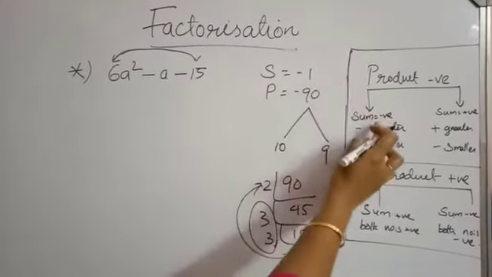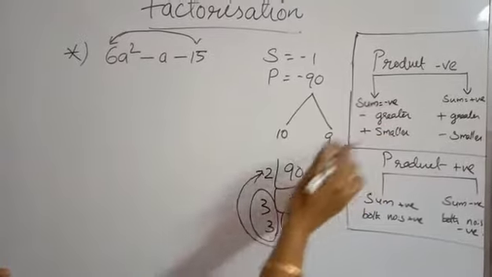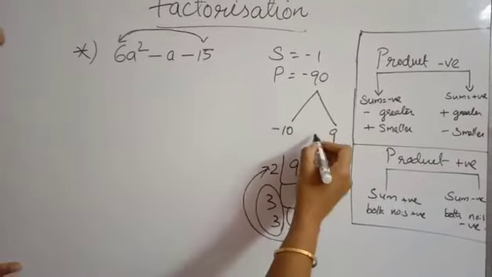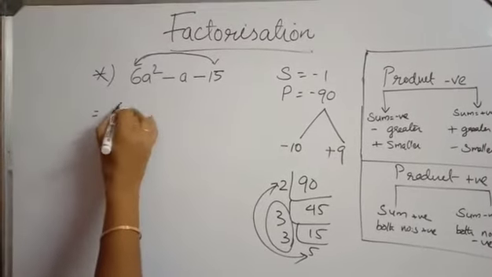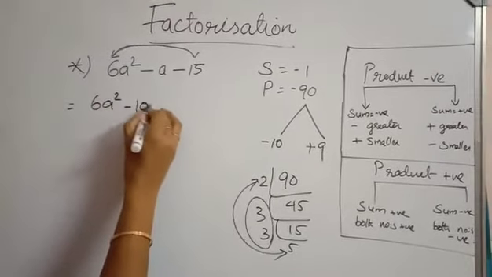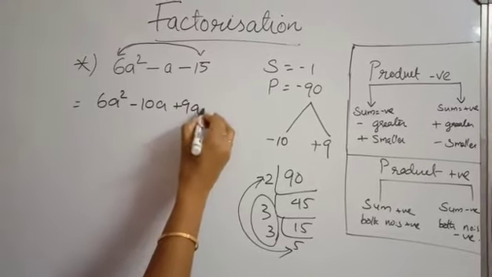Since the sum is negative, your greater number is negative and the smaller number is positive. So this is minus 10 and this is plus 9. Now let's split this expression. That's equal to 6a square minus 10a plus 9a minus 15.